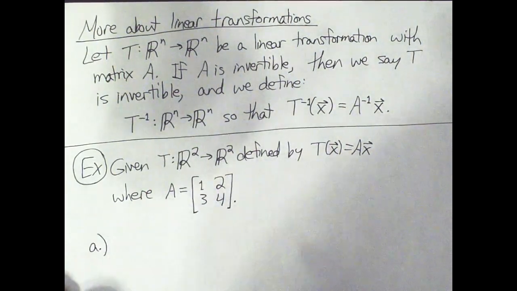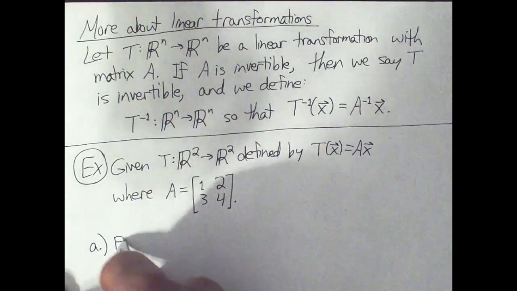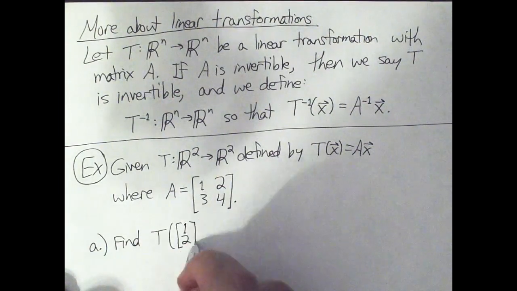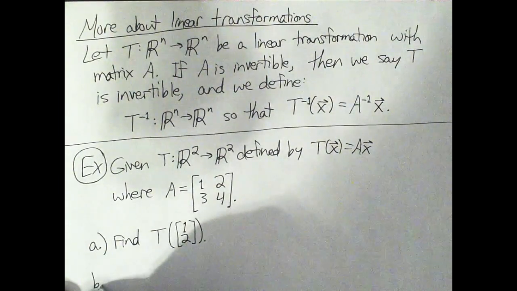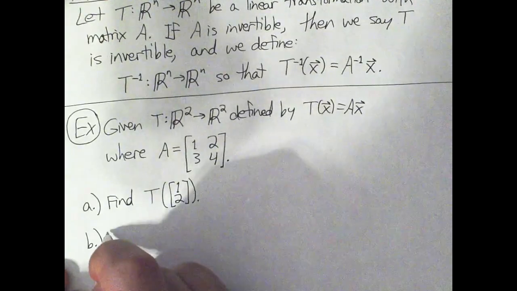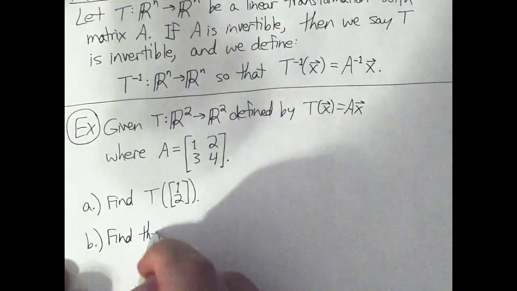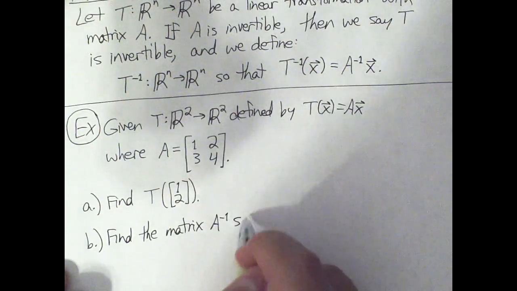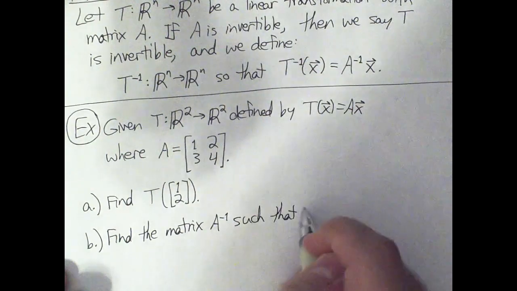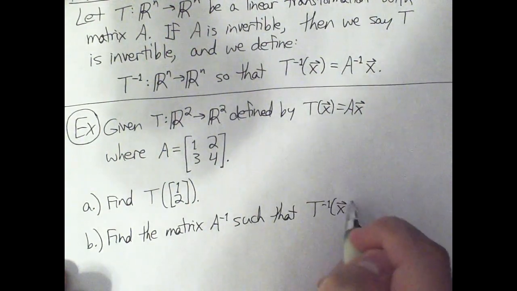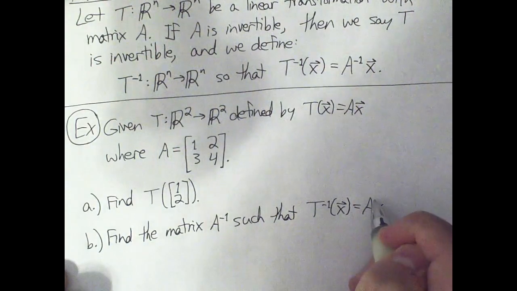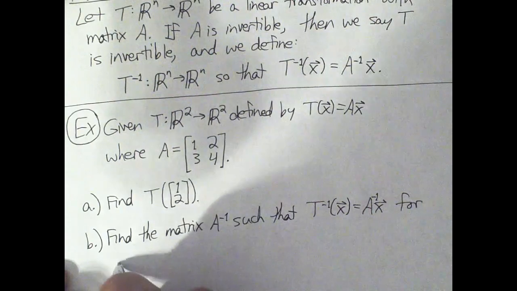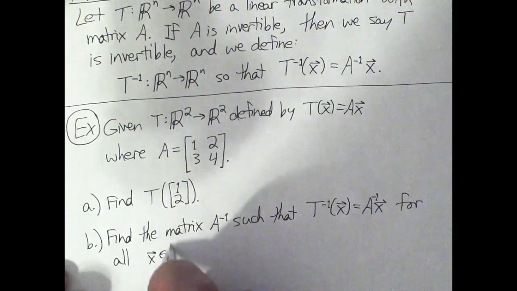3 parts to this question. First of all, I'm going to ask you to find T of 1, 2. Next, I'm going to ask you to find the matrix A inverse such that T inverse of x equals A inverse x for all x in R2.